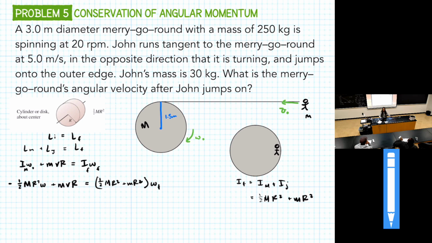So once you add those together, I'm going to just solve for omega final, which is going to be m v r minus 1/2 M R squared omega divided by 1/2 M R squared plus little m r squared. Okay? Yeah, that should be good.